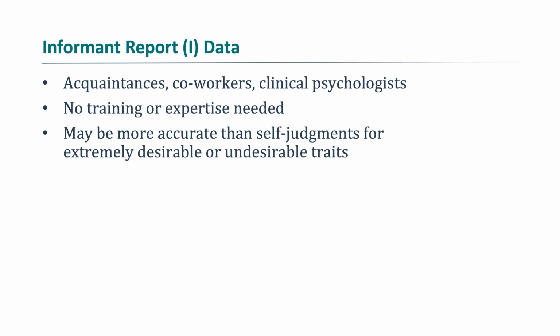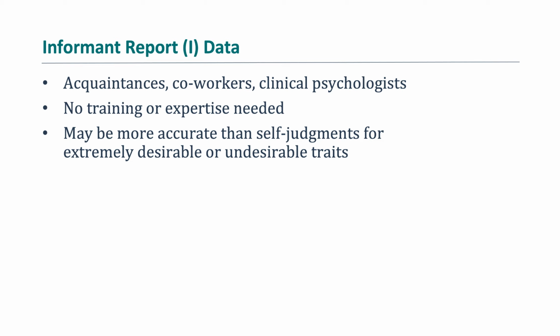And they might actually be more accurate in a lot of ways than the self-judgment of that person, because they might be better able to look at those extreme desirable or undesirable traits, right? So if I don't want people to know that I'm not very agreeable, which means that I don't get along well with other people as much, maybe if you ask me directly, I might say I get along well enough, right?